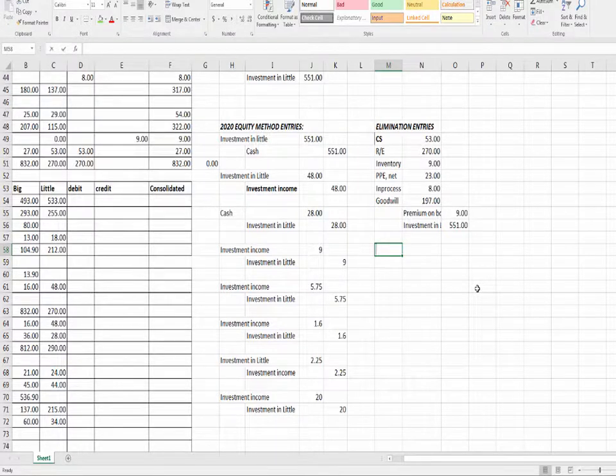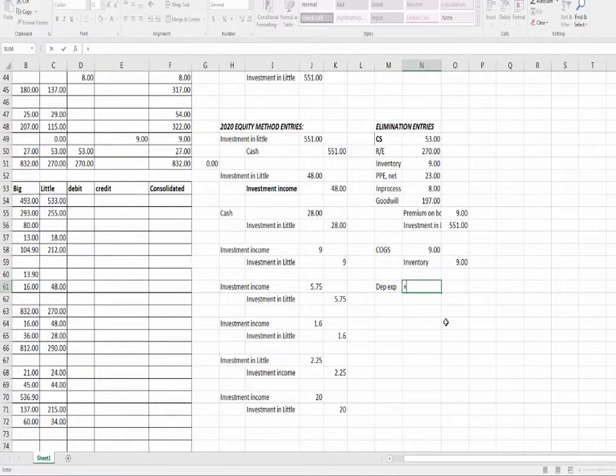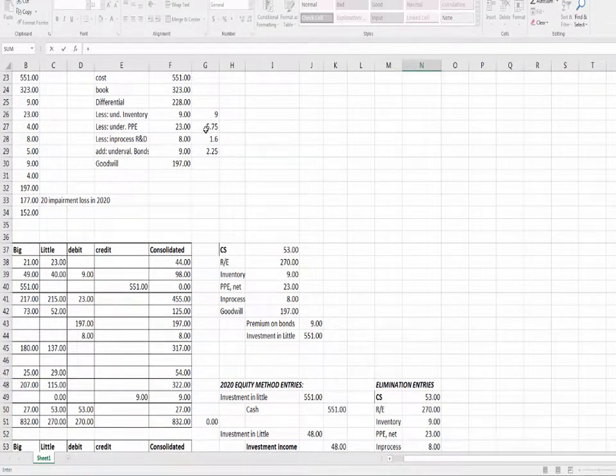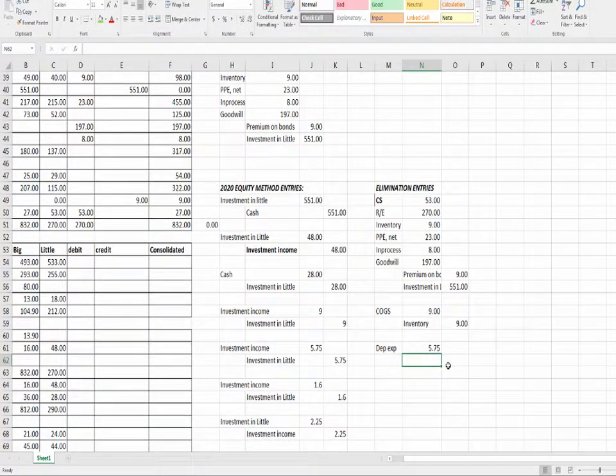Inventory, we're going to write that off, so we're going to increase cost of goods sold and get rid of the inventory. Property, plant, equipment net, we're going to take some depreciation expense. And we've already figured out what that amount is. That's going to be $575. And that's going to reduce our property, plant, equipment net.